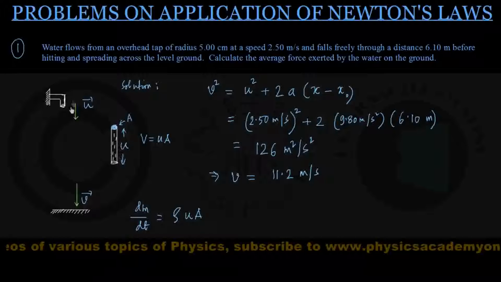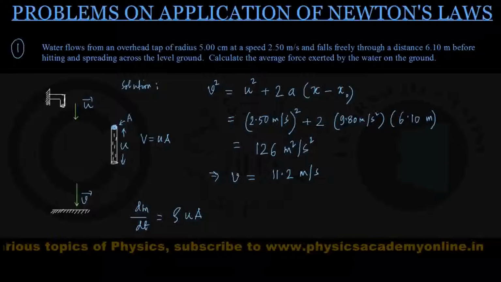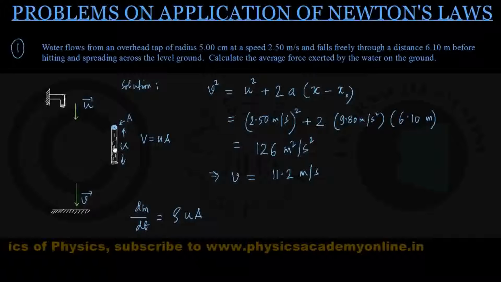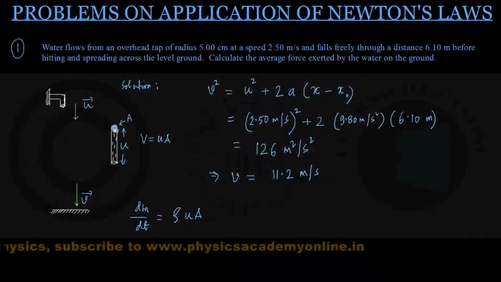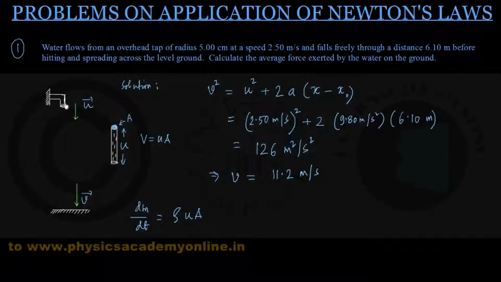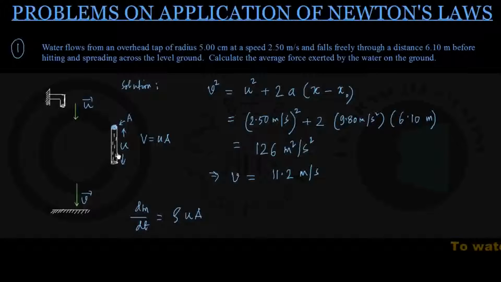I'll repeat this once again. I have drawn an imaginary cylinder of water whose cross-sectional area just matches the cross-section of this tap. In 1 second, since the water travels the distance of U, the cylindrical part of water coming out of the tap has a cross-section A equal to the cross-section of the tap and a length equal to the velocity, in magnitude, of the water coming out of the tap.